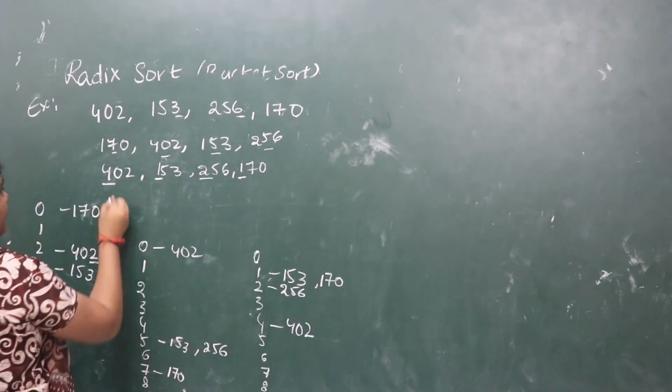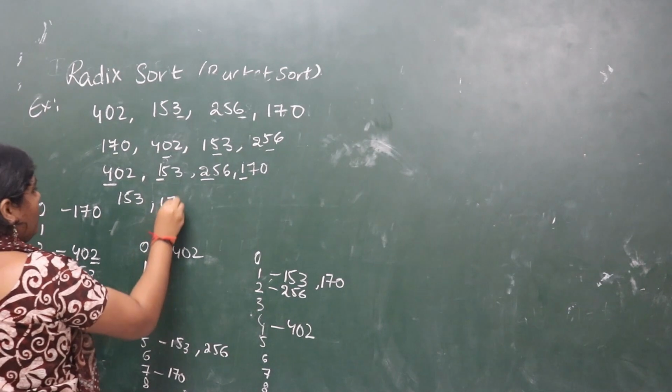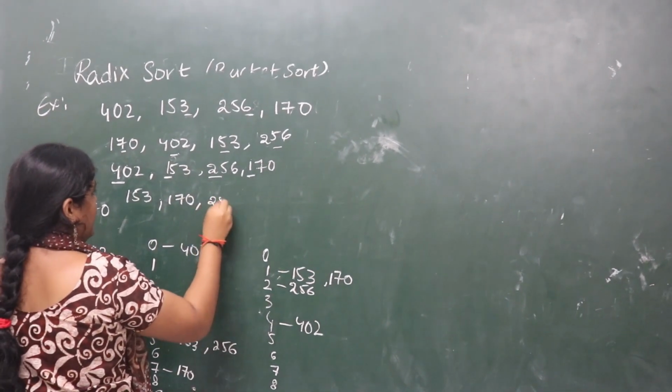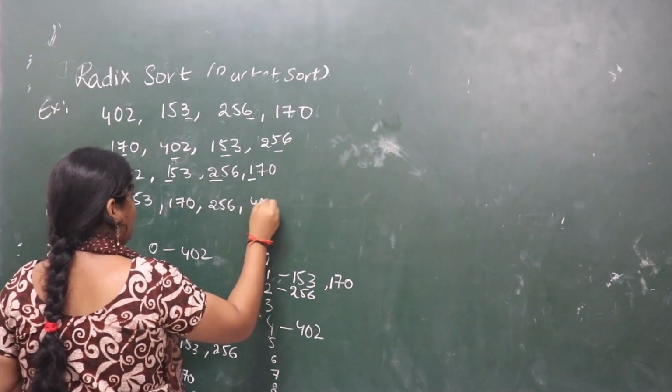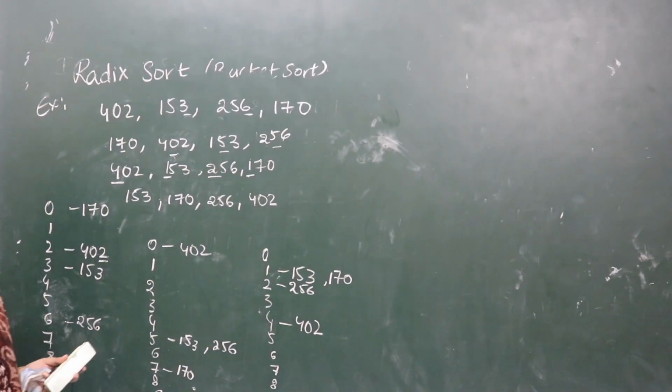We are going to write in the same order: 153, 170, 256, 402. This is how Radix sort happens.